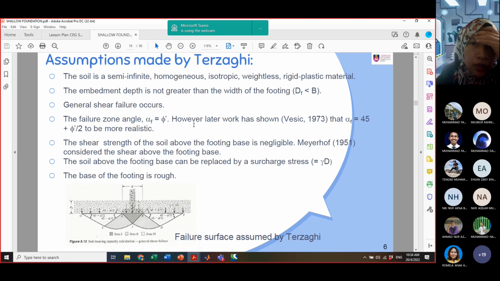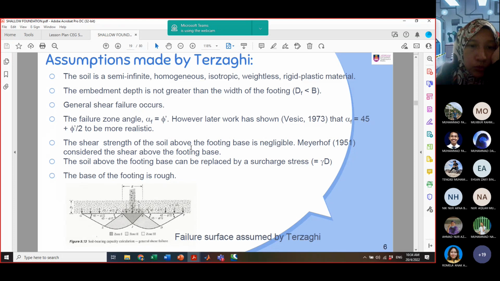However, later work by Vesic has shown that the failure zone angle is not equal to the internal friction angle, but is 45 plus phi over 2, to be more realistic. You can see in the figure below how it is derived that the failure zone angle, or plastic zone angle, is equal to 45 plus phi over 2.